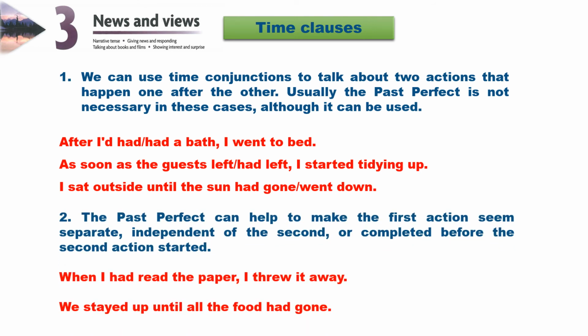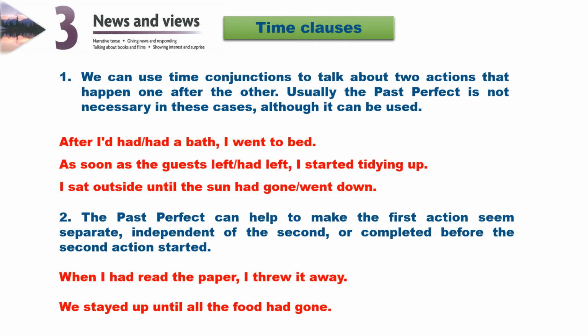Past perfect can help to make the first action seem separate, independent of the second, or completed before the second action started. So in the first example, we said two actions are conjunctions with each other. But in the second example here, the first action is separate or independent from the second one because I use the past perfect.